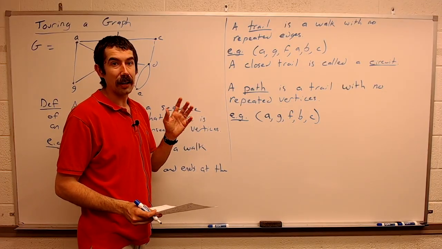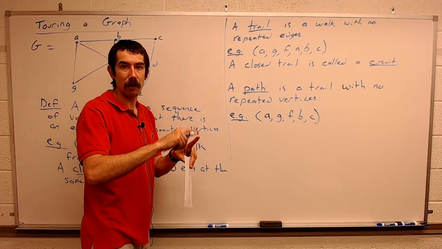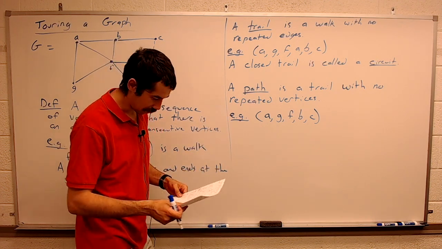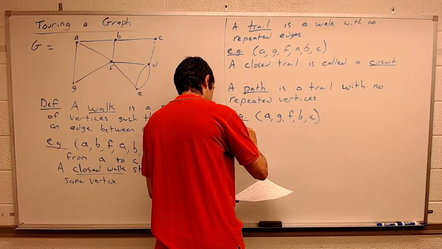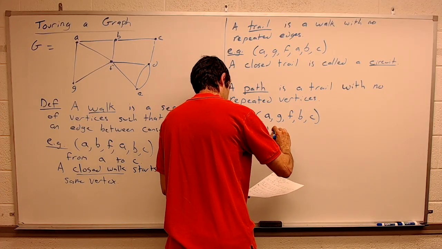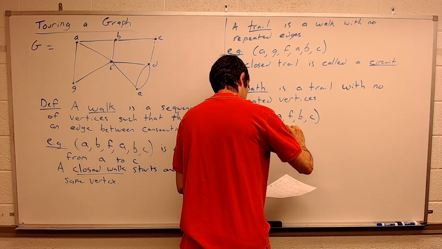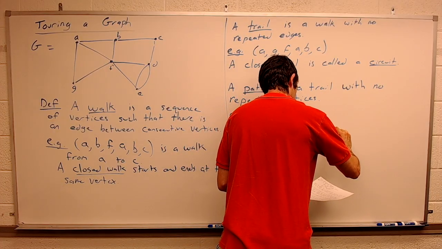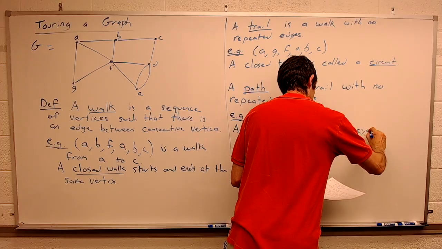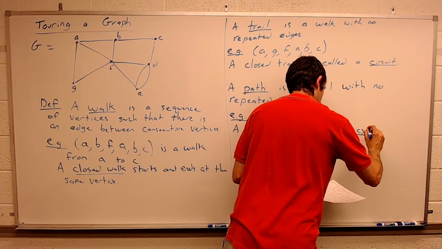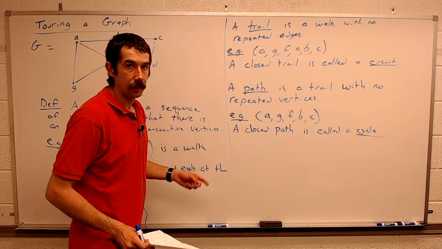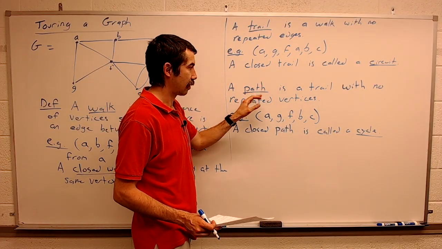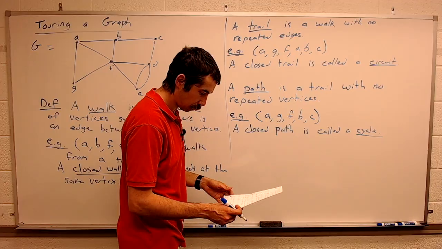Okay, if we have a closed path, so we start and end at the same point, we're allowed to repeat that one starting and ending point, but that's it. In a closed path, is called a cycle. All right, so trails and circuits go together. Paths and cycles go together.